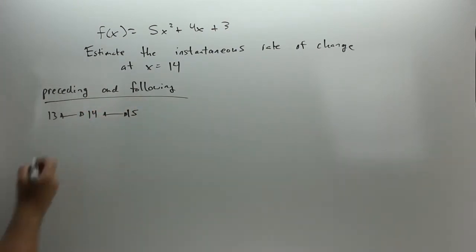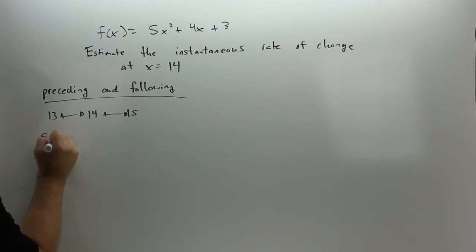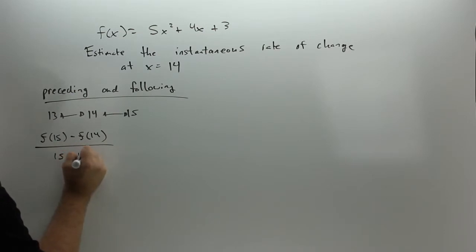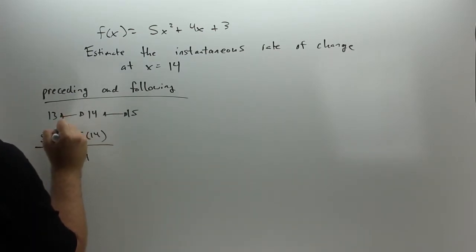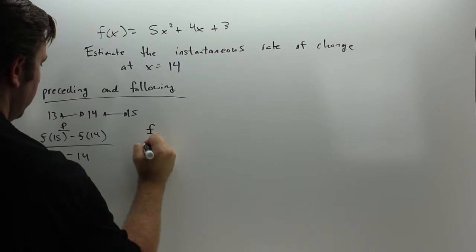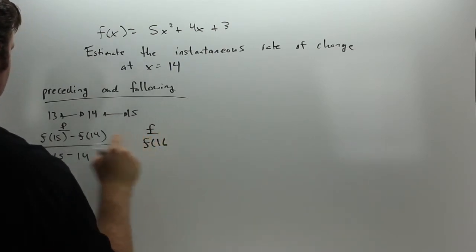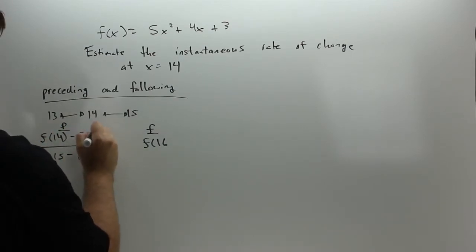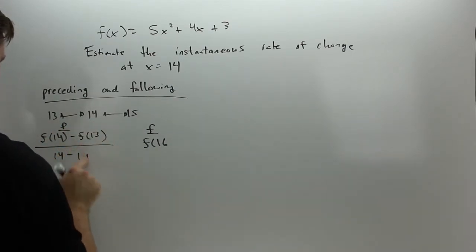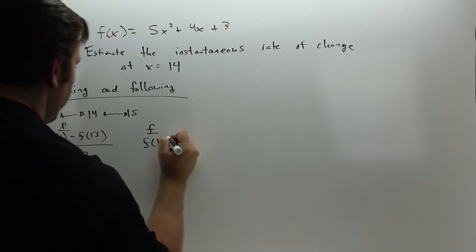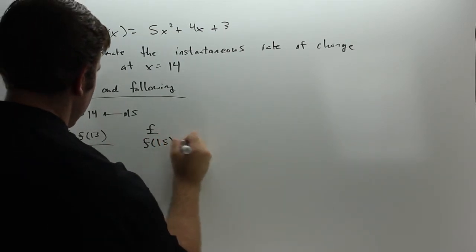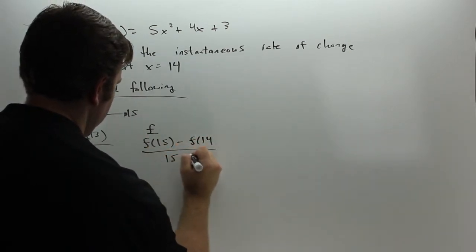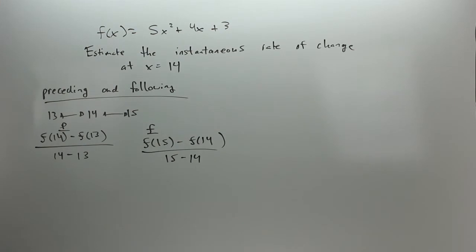The preceding would be f of 14 minus f of 13 over 14 minus 13. And then your following would be f of 15 minus f of 14 over 15 minus 14. And then you're going to take the average.